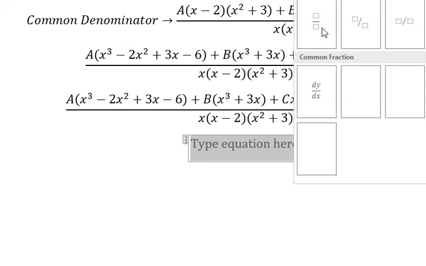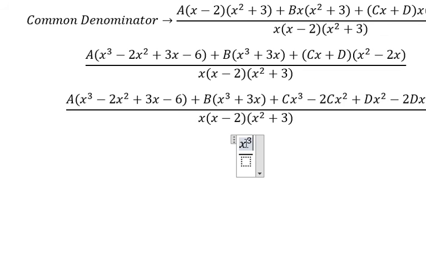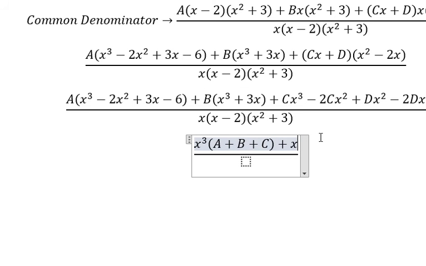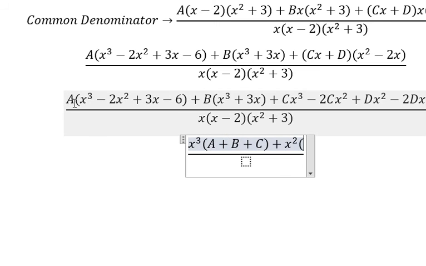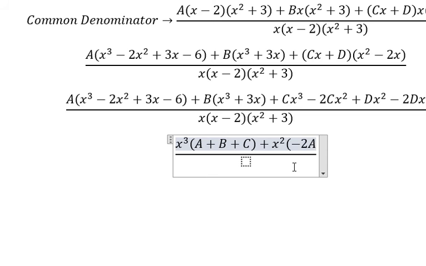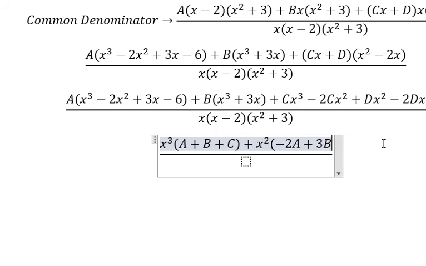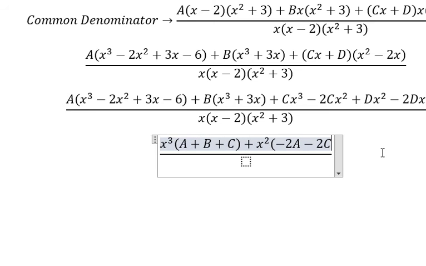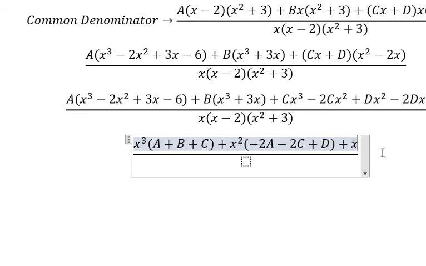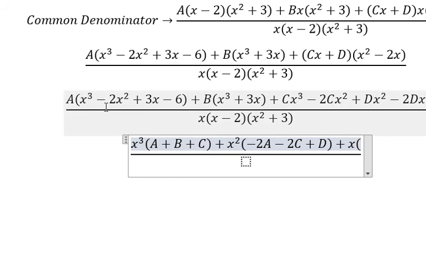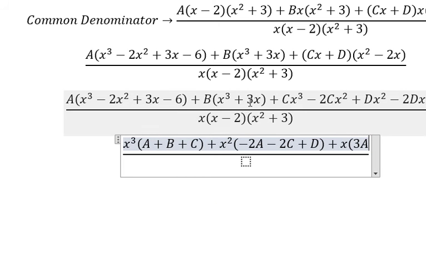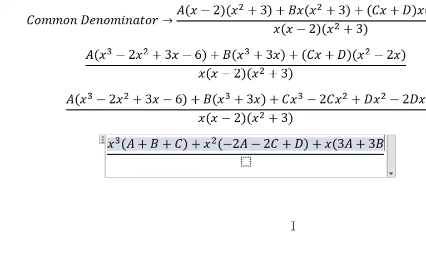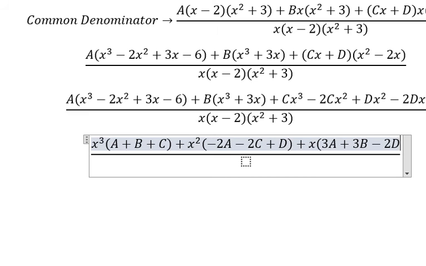For s to the power of 3, we have A with 1, B with 1, and C. For s squared, we have A with negative 2, B with 3, negative 2C and positive D. For s, A with 3, B with 3, and we have negative 2D.